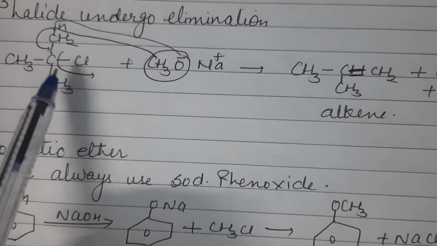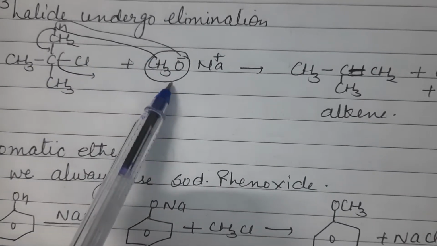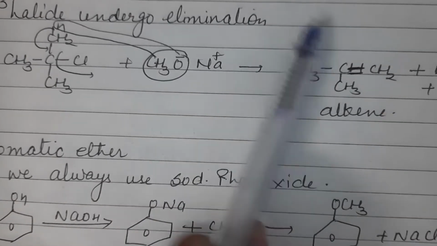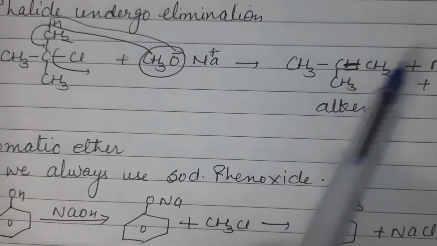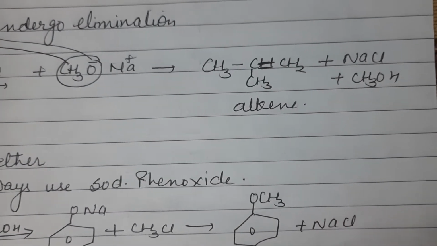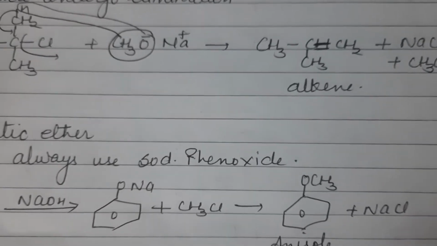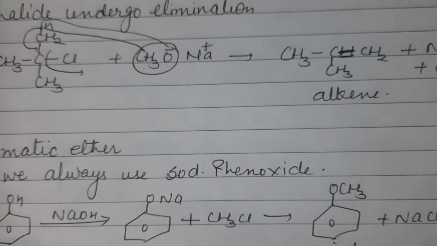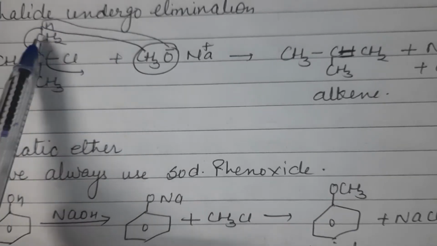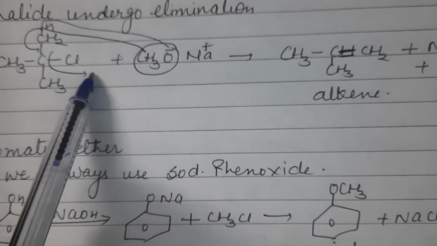But if we use tertiary halide and primary alkoxide, then what will happen? Then it undergoes elimination reaction and we get alkene, sodium chloride and methyl alcohol as products. So why does this reaction take place? Because it is a strong base, it causes elimination reaction by taking H and release of halogen.